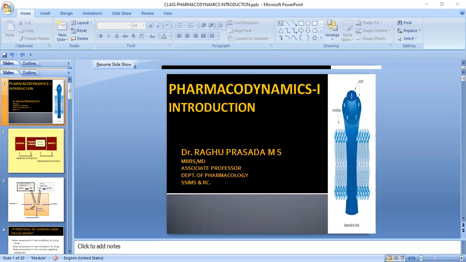In the same way, when the drug is there in the body, the first thing you are seeing here is the drug present in the systemic circulation. Here the drug may be in the bound form or in the free form. The bound drug will not be able to act.